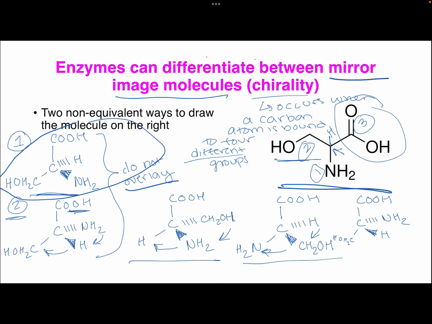Enzymes are unique. Enzymes are able to differentiate between these because the way that their chemical groups are arranged means that only one version of this molecule would have the correct orientations to be able to have all the interactions that are needed for that molecule to bind to the active site.